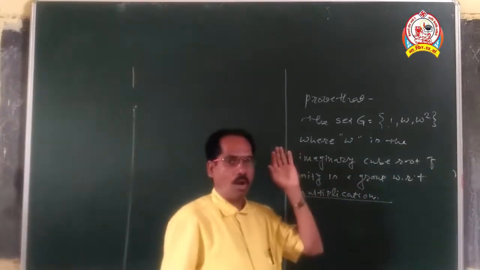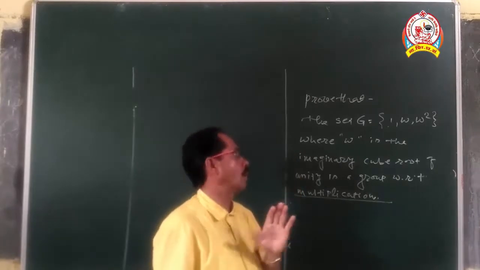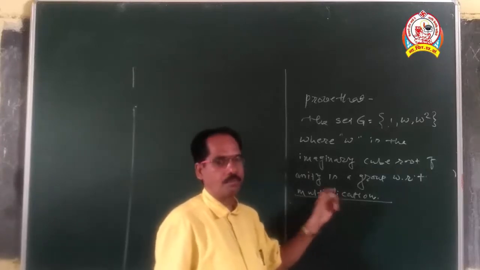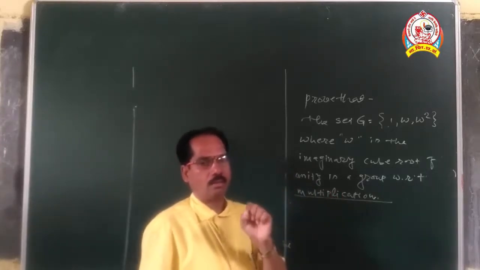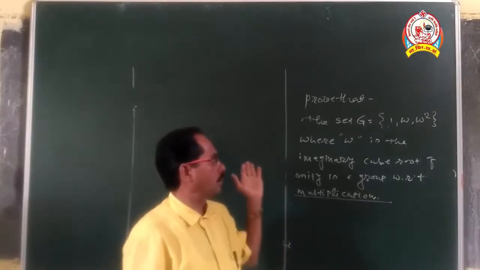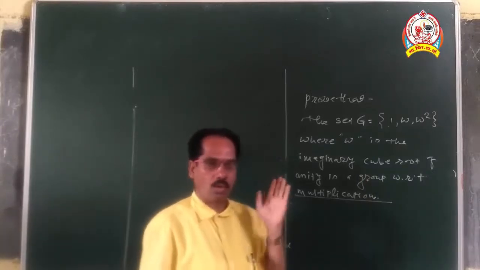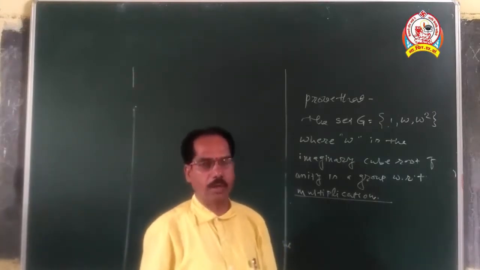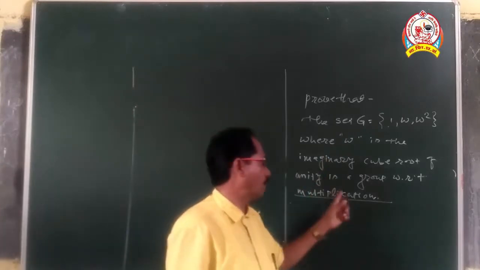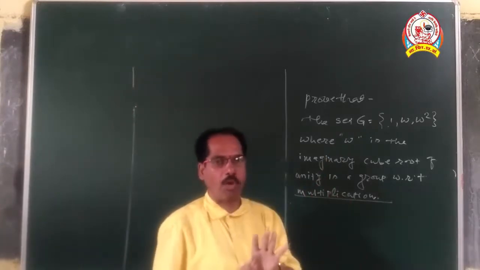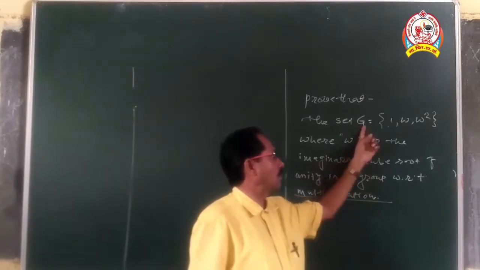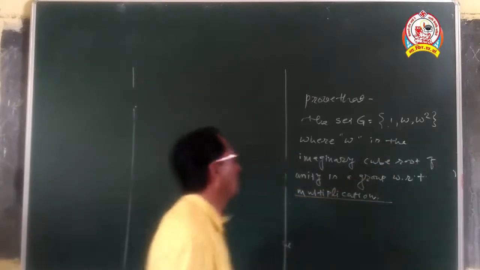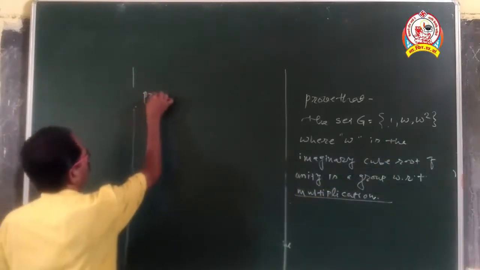So according to the definition of group, (G, multiplication) must satisfy these four properties: closure property, associative property, existence of identity, and existence of inverse. If (G, star) satisfies these four properties, then the set G is a group. So we prove it.